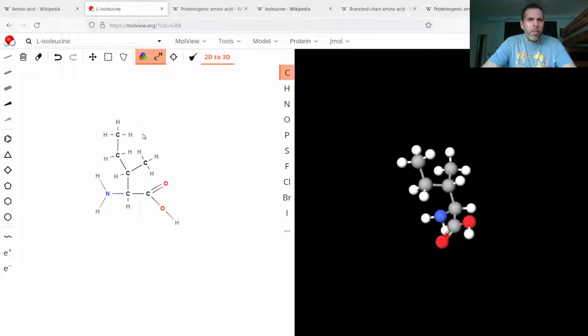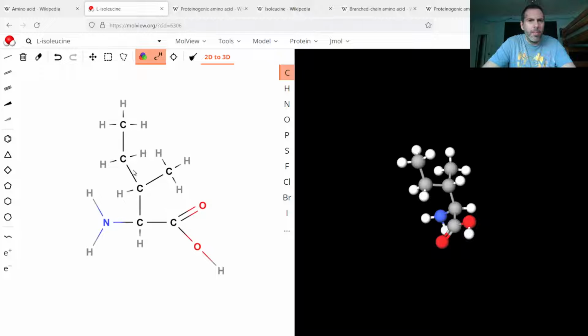If you remember leucine, you can get leucine just by swapping these molecules here. I don't want to call them side chains, but I'm not sure the correct word for them. But we'll just move these a little further away.